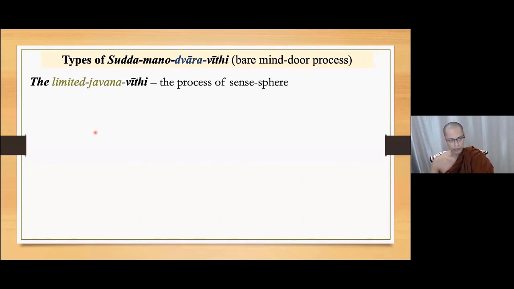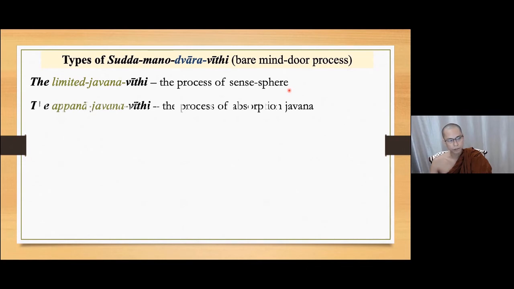The first one is the limited javana viti. Limited is paritta, so paritta javana viti. The paritta javana refers to the sense-sphere javana. So the process of sense-sphere javana is called the limited javana viti.